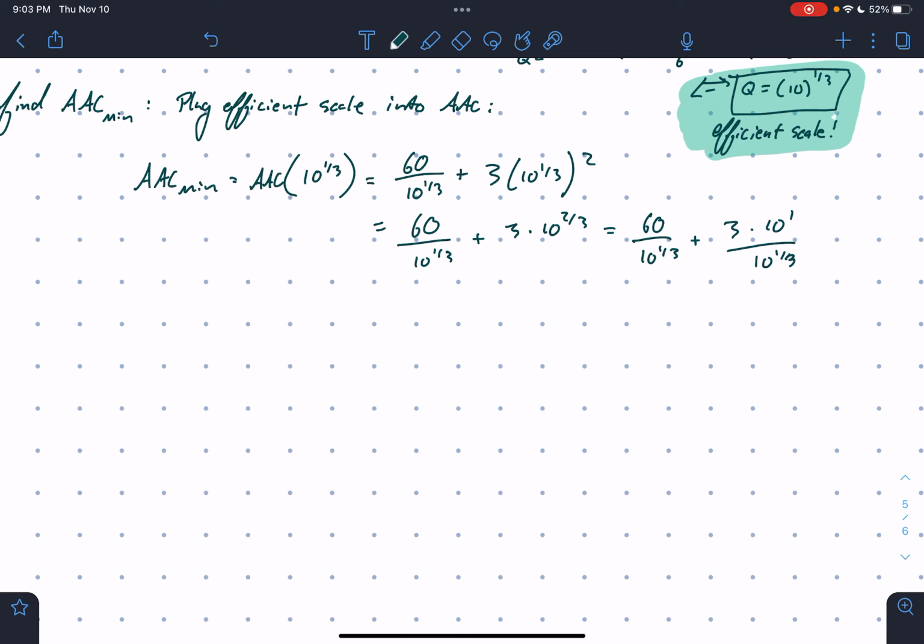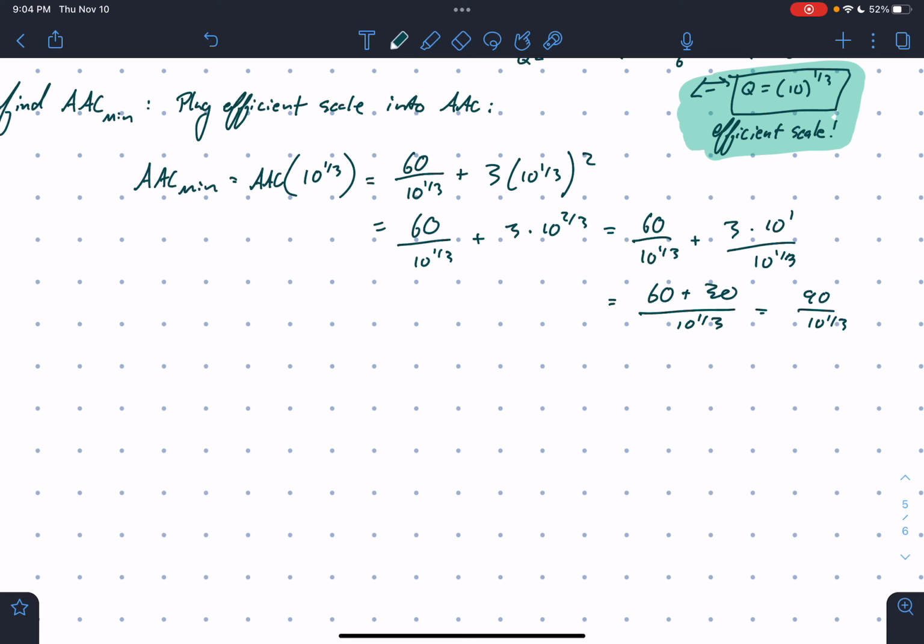A lot of this is just algebraic trickery. Not trickery, but algebraic fancy footwork. Okay. So I got a common denominator. This just becomes 60 plus 30 over 10 to the 1/3, which is 90 over 10 to the 1/3.